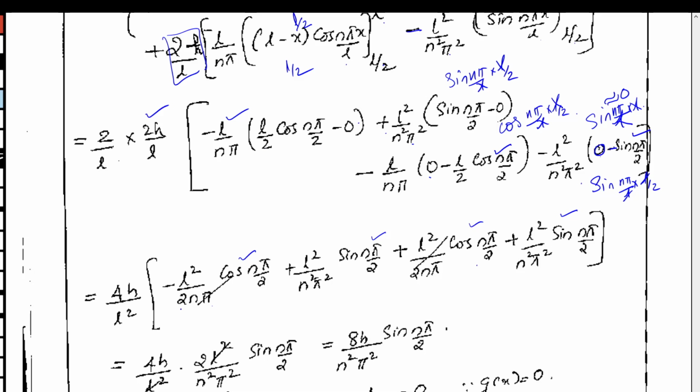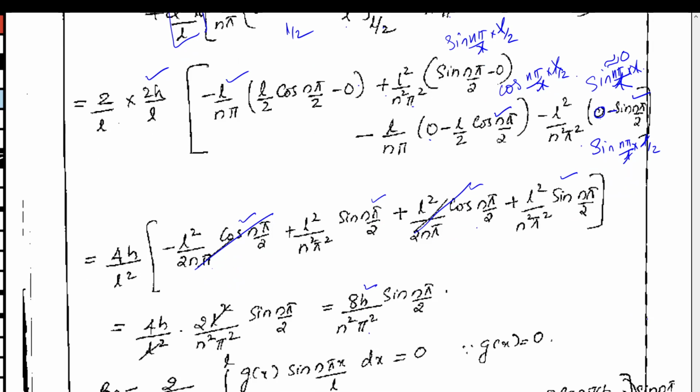Here minus L square by 2 n pi into cos n pi by 2 plus L square by 2 n pi into cos n pi by 2 are the same terms but opposite in sign. They will be cancelled out, and the second and fourth terms are the same. Therefore they can be added. They will be added to 2L square by n square pi square into sin n pi by 2. Now L square and L square will be cancelled out. On simplification we will get 8h divided by n square pi square into sin n pi by 2.